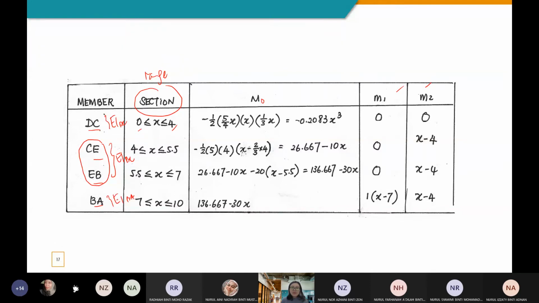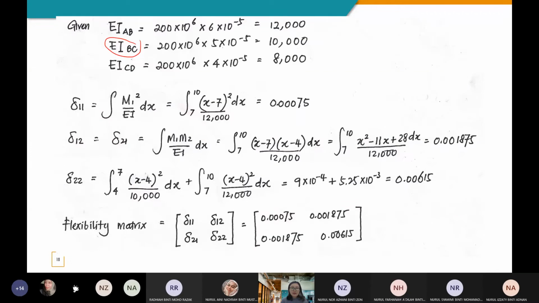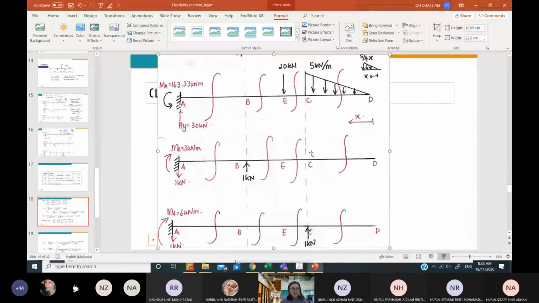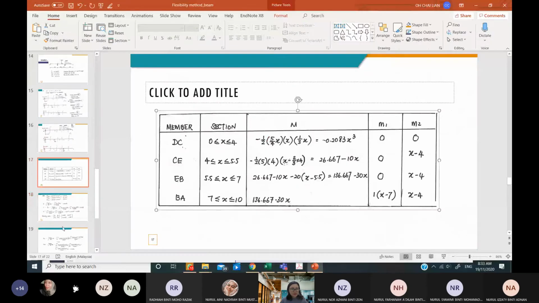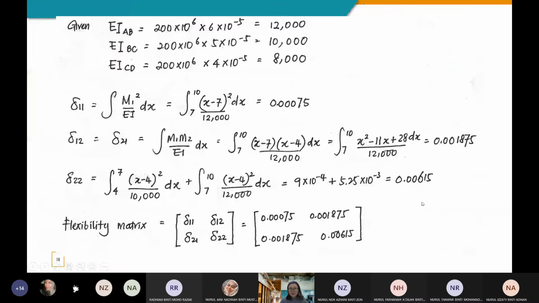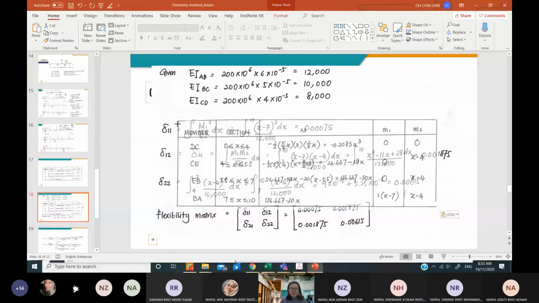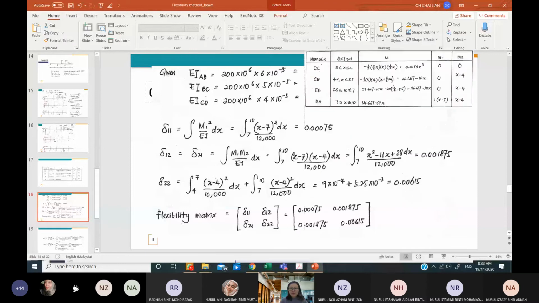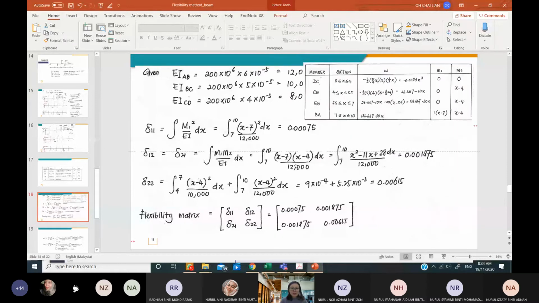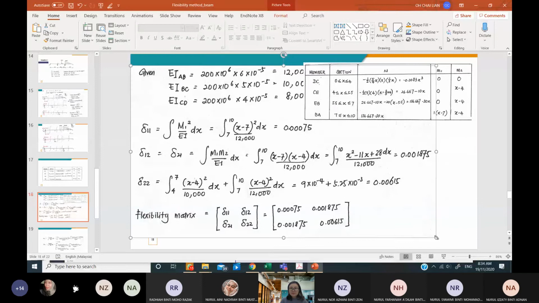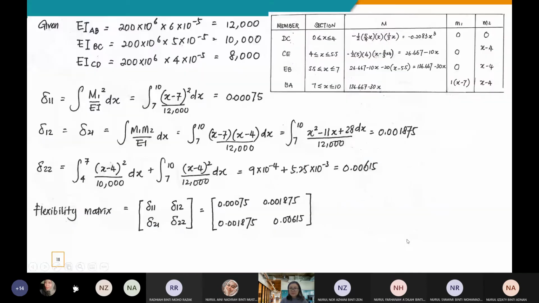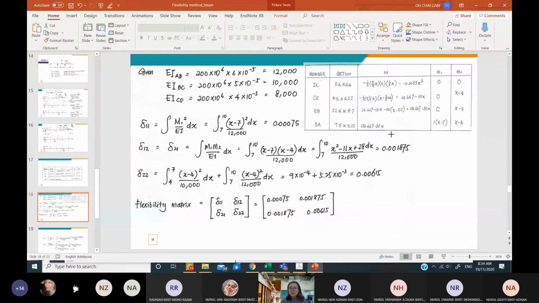Okay, so let's have a look at how to do this. I'm going to copy the table so that we can see how this information in the table can be put in the compatibility equations. Maybe it's quite small, the table.